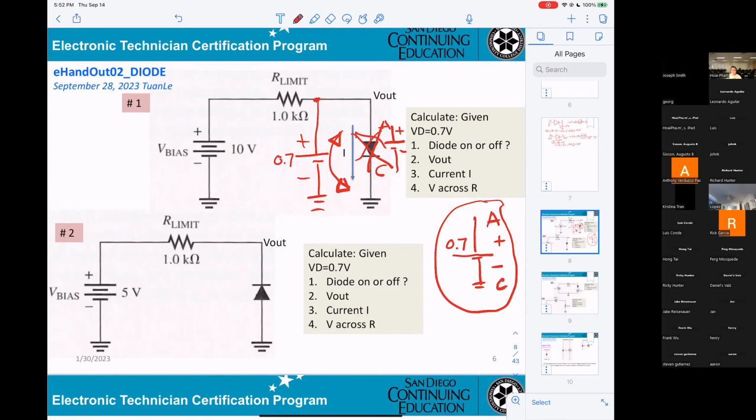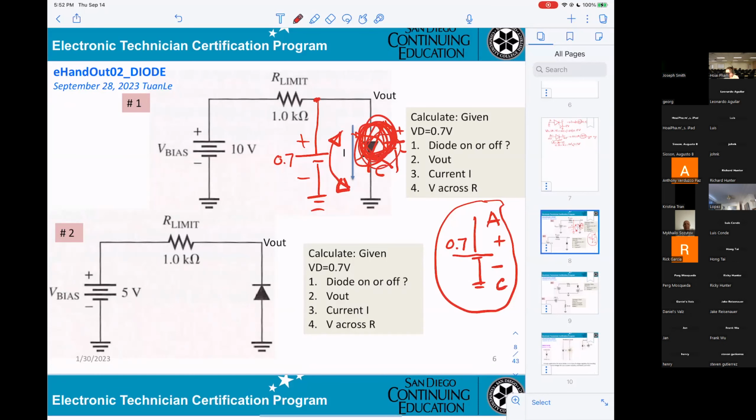Okay. And now I will tell you, how do we know the diode is on? So, first thing, if you want to know the diode is on or off, suppose you don't have any diode here.